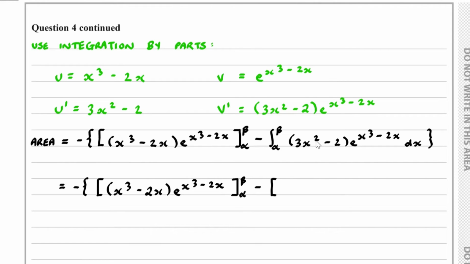Well, if I integrate this, similar idea to what we did over here, what we will end up with is e to the x cubed subtract 2x between alpha and beta.